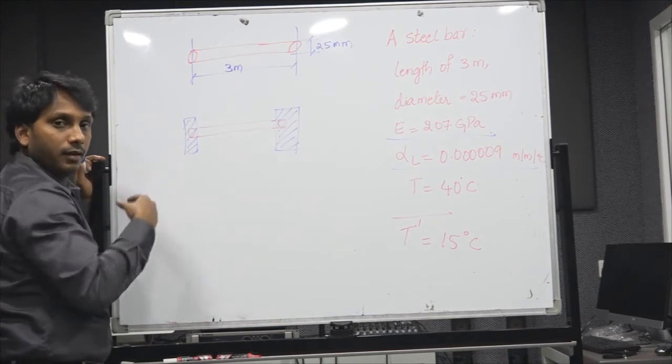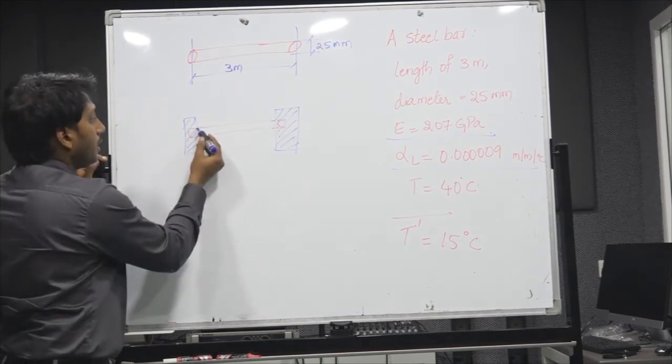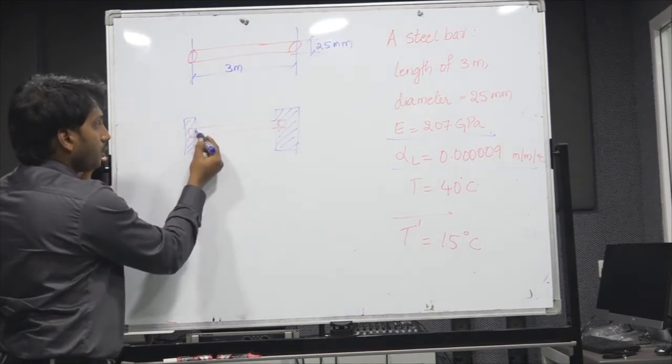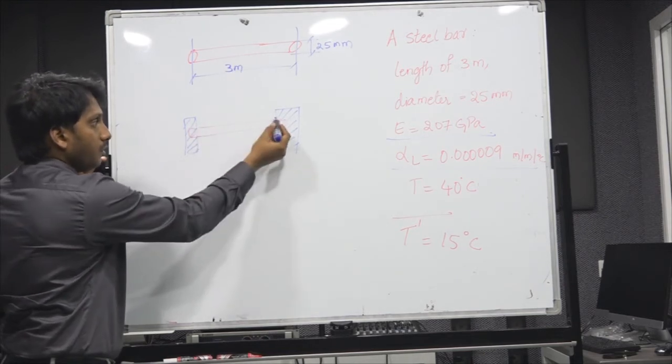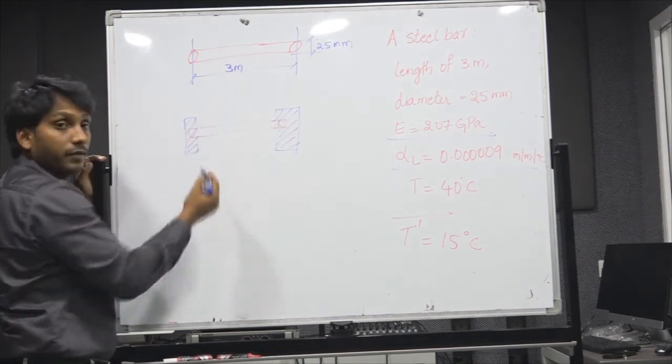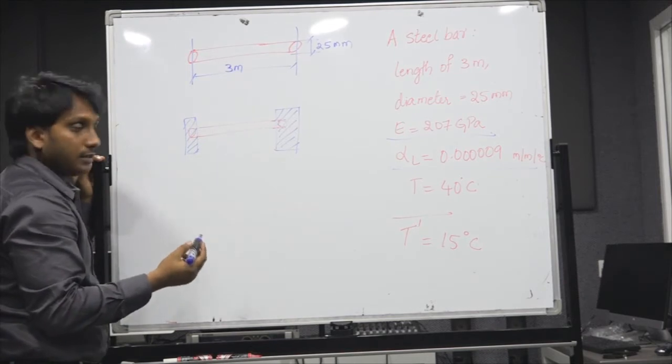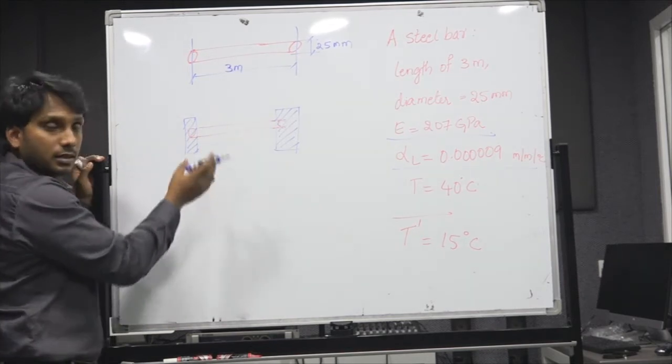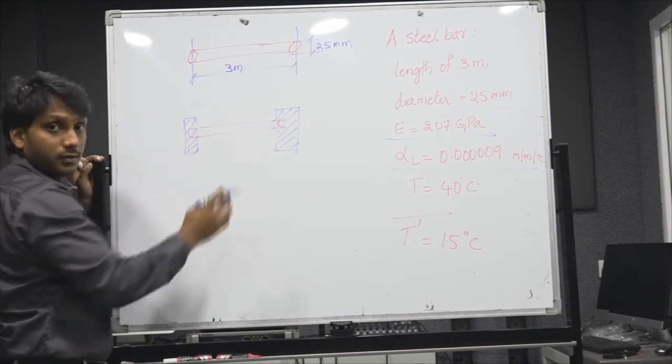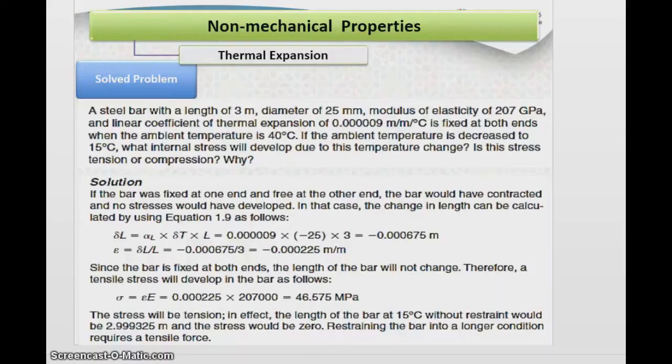At that time there is a chance of stress developing, so some stresses will be developed. The question asks what type of stresses are developed, so we have to find the stresses developed in these areas.